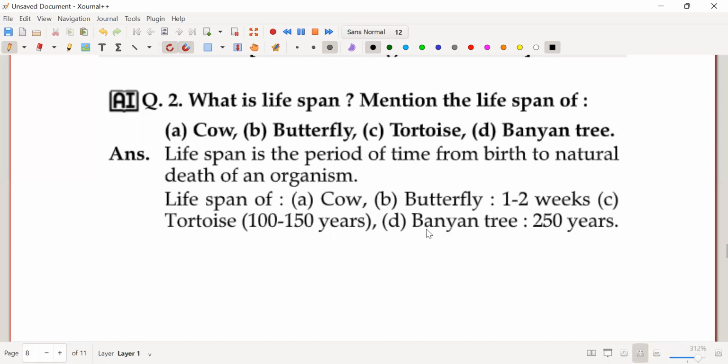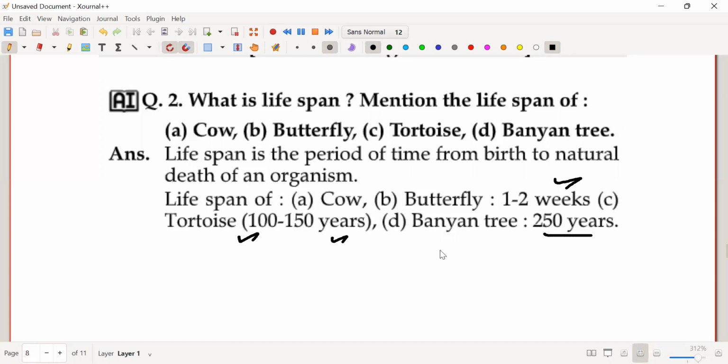Lifespan of cow is how many years? Butterfly is 2 weeks. Tortoise is 100 to 150 years. Banyan tree is more than 250 years. Banyan tree, 250 years. Cow?